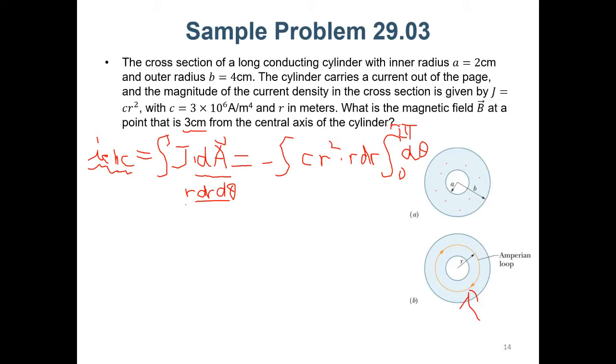The lower and upper bounds for dr should be from 0 to 3 cm. How do I denote it? Maybe we write r, or we can use r prime. So it's just a notation, nothing special.